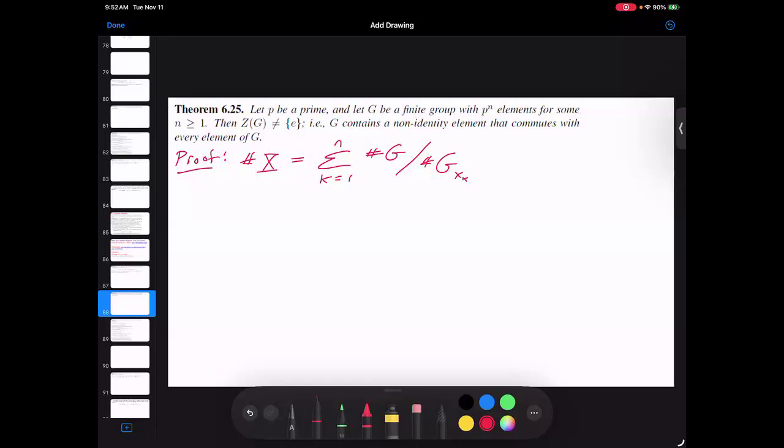Any thoughts on what would be a good choice for X? So we need to find a set that the group G acts on. Any thoughts on a set that G acts on? There's always one thing that works.